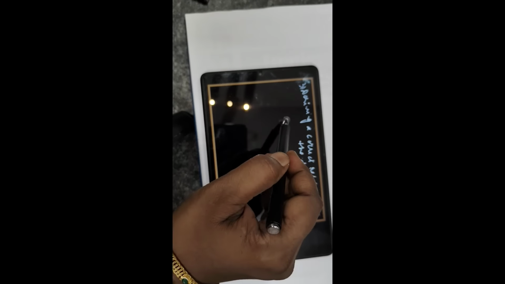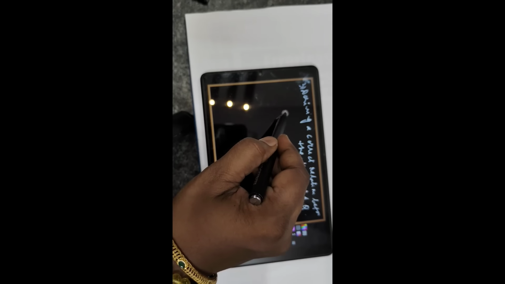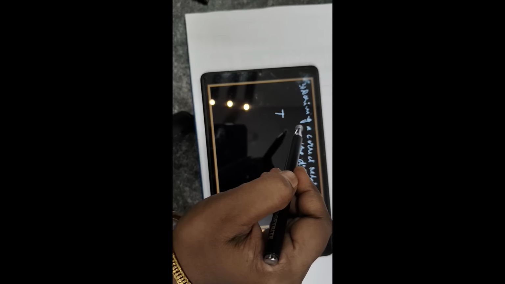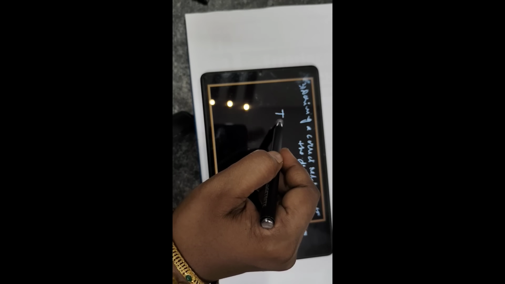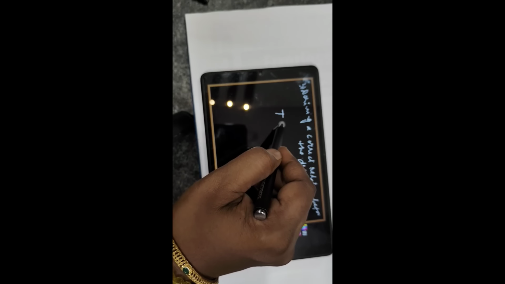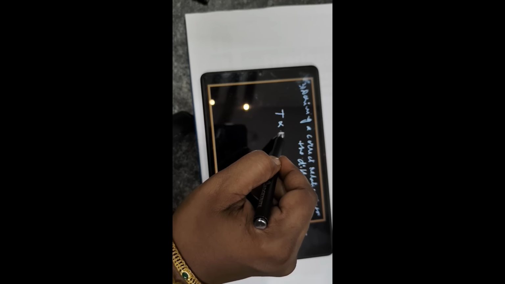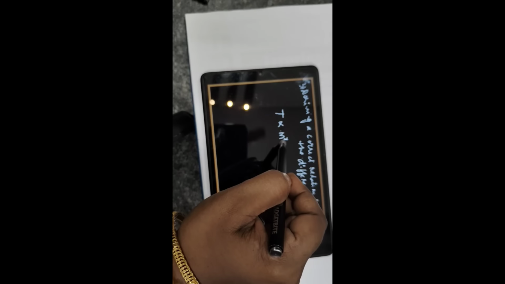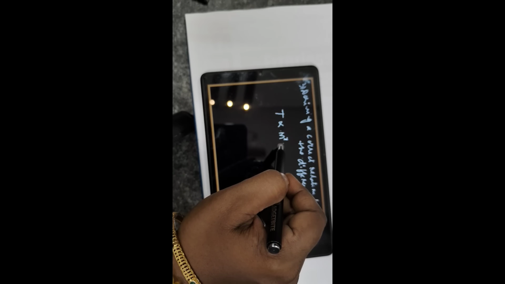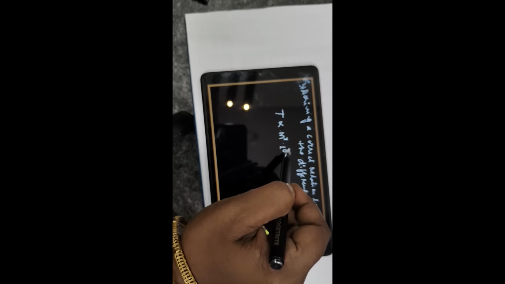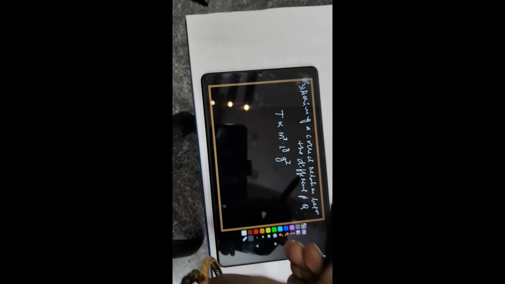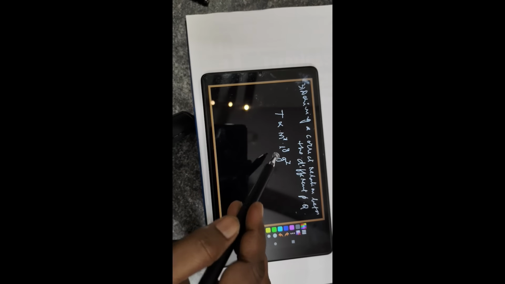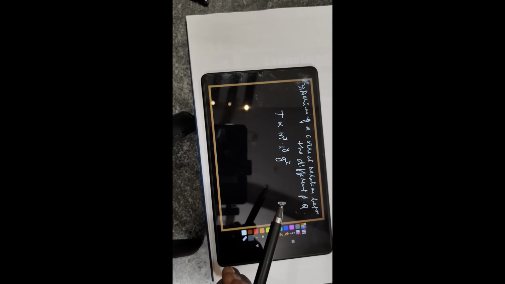So let us take the example of a simple pendulum, where we'll take the time period of the oscillation of the simple pendulum, which is proportional to the mass. Let us take the power as x, then length raised to y and g raised to z. So we have to derive the relations between these.